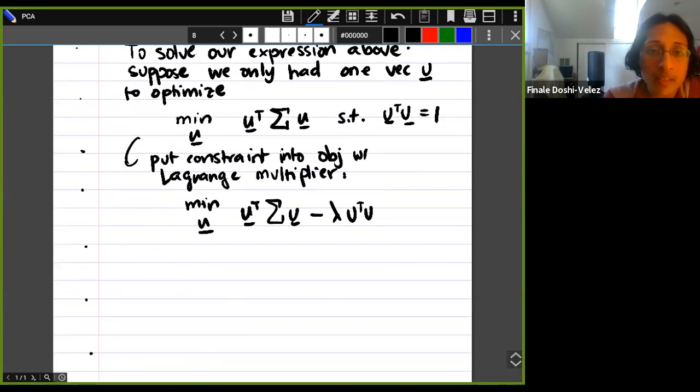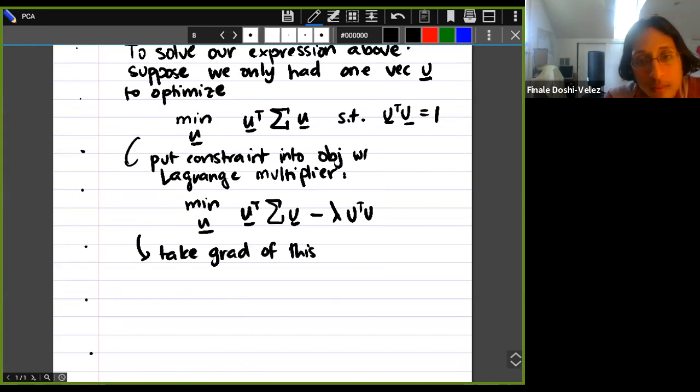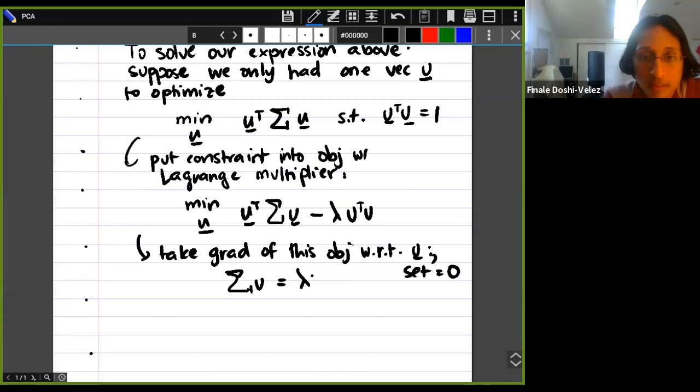And now if we take the derivative, or the gradient, of this objective with respect to u, we get the following expression. And then set the gradient equal to 0. And this looks kind of familiar, right? So this looks like an eigenvalue problem.